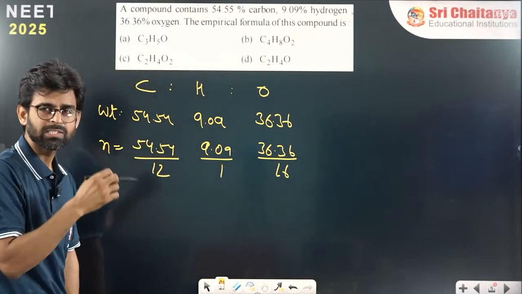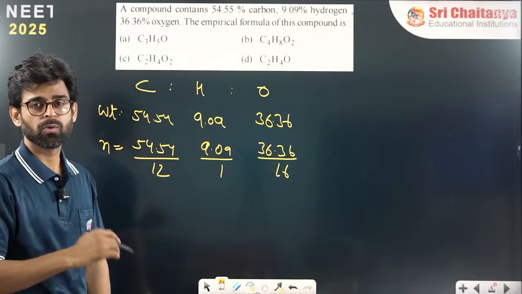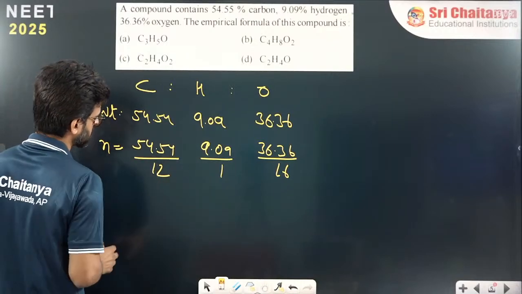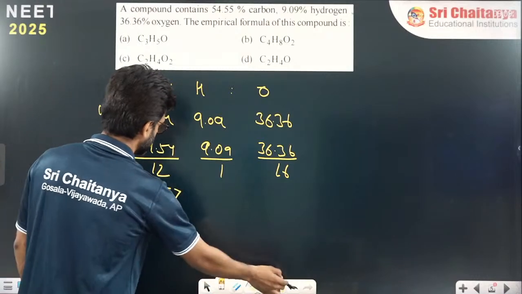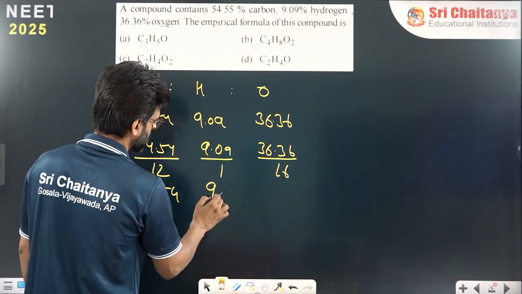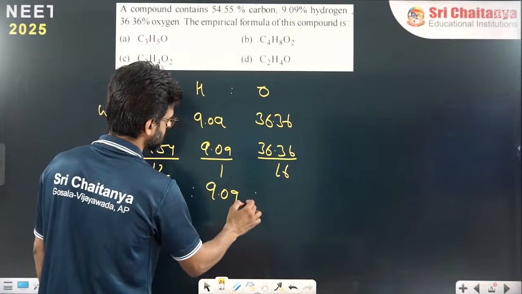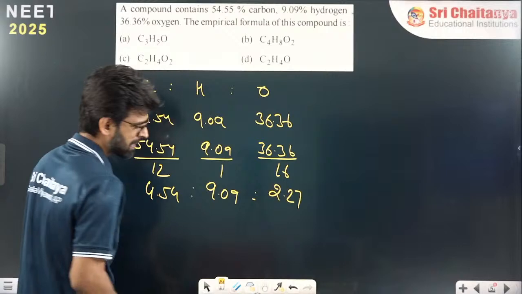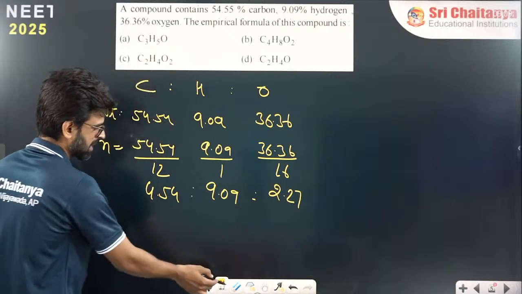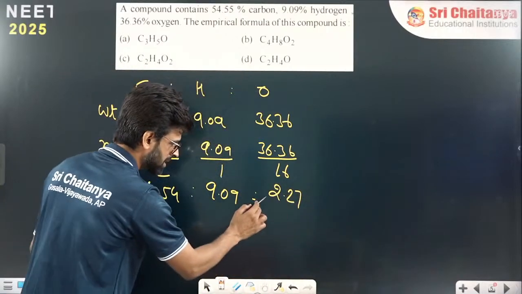So our target is to convert the weight ratio into the molar ratio, right? If you solve it, it gives us almost 4.54, from here 9.09, and from here it's almost 2.27, fine? So which is the smallest number? Out of these, this is the smallest number.